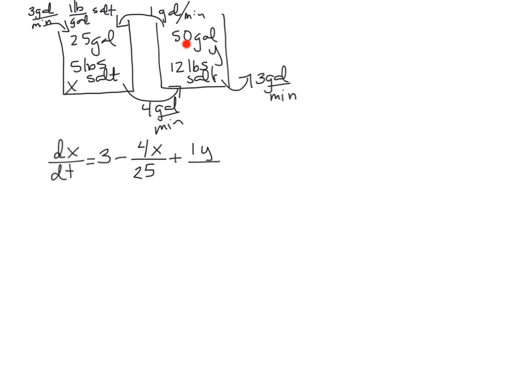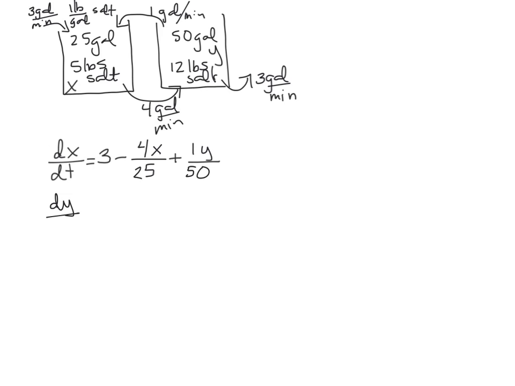It's got 50 gallons, and I have to ask myself if that's changing. So going into the tank is 4 gallons, and exiting is 1 plus 3. So 4 gallons exiting, 4 gallons entering. That volume is not changing, it's staying a constant 50. So there's my differential equation for the amount of salt in that first tank.